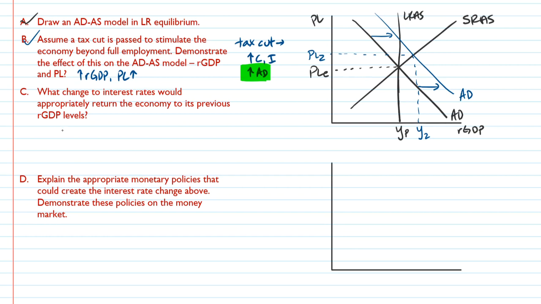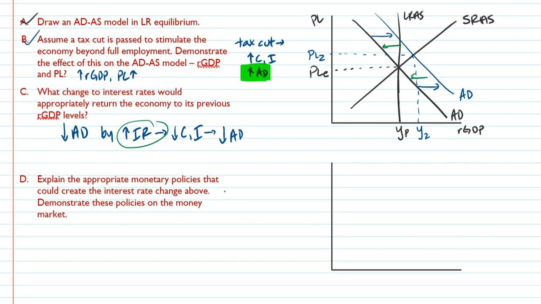So if the Fed wants to bring aggregate demand back down, they can decrease aggregate demand by increasing real interest rates, because increasing real interest rates will decrease spending by consumers and businesses who will view spending as more expensive at given interest rates, and that, of course, will decrease aggregate demand. So if the Fed wanted to counteract aggregate demand increases, they would do so by raising interest rates in this economy.